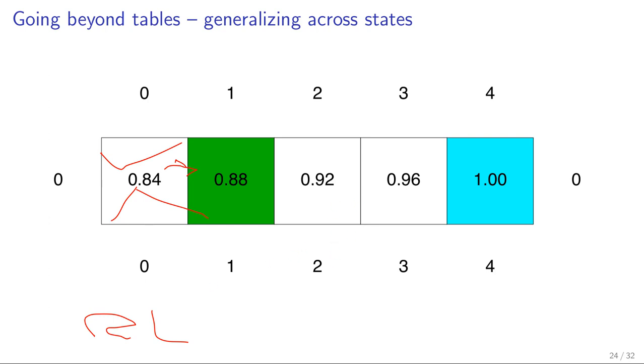I mean, I could, but it's not happening. And for the model-free case, it's not happening at all. I don't even care about where I end up. I just learn the Q values. So we visualize it like that, but there's no such map in the mind of the agent. It has just the tables and the Q values.